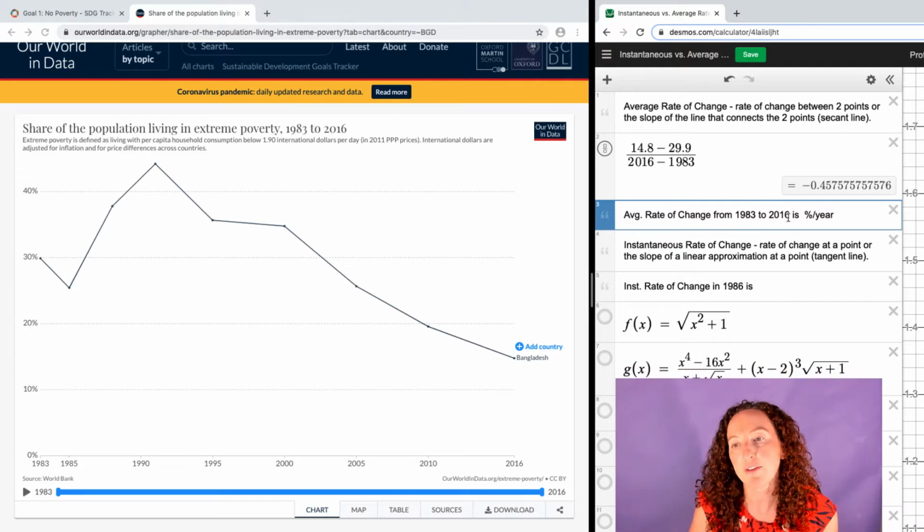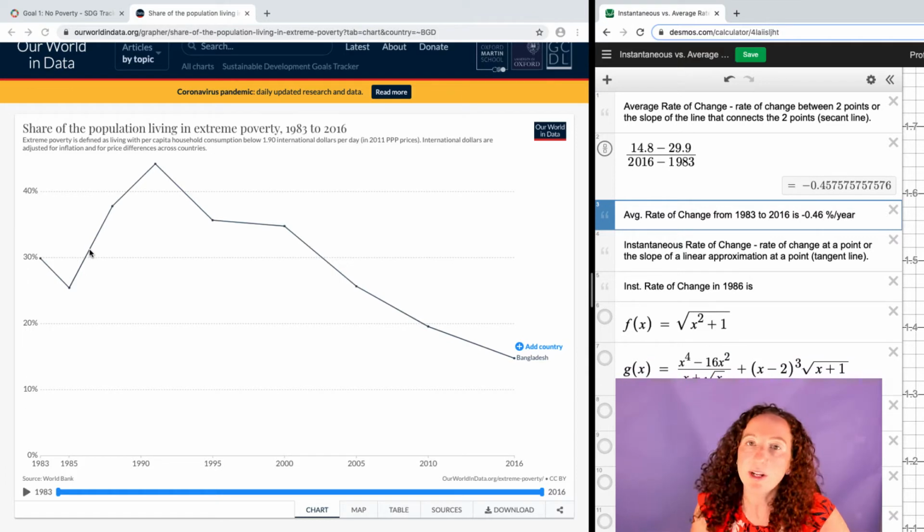So my average rate of change from 1983 to 2016 is negative 0.46% per year. So on average, it decreased 0.46% per year. It doesn't matter what happens between 1983 and 2016 for an average rate of change. You just care about the starting point and the end point.